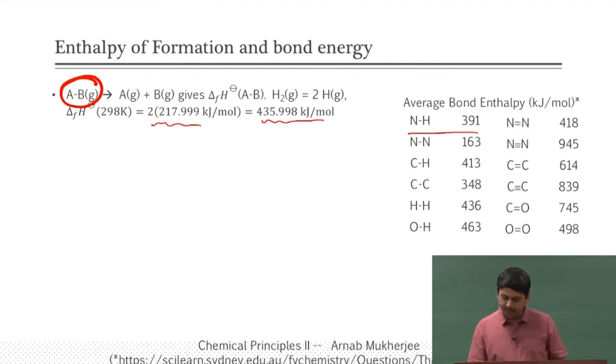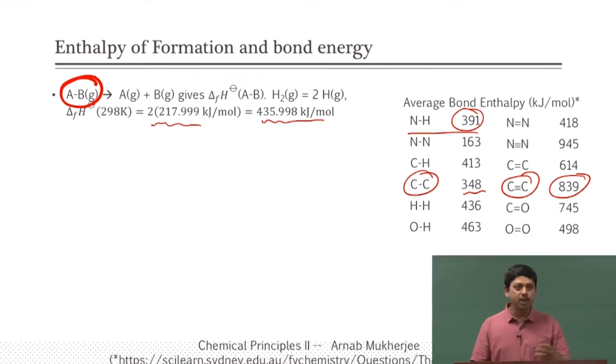For example, NH is 391, it is actually smaller than H2, and the reason is that it is a heteroatomic system, so the electron is more towards nitrogen. Look at carbon single bond 348, and C triple bond C 839. We knew that a triple bond is more stable than a double bond, and a double bond is more stable than a single bond.